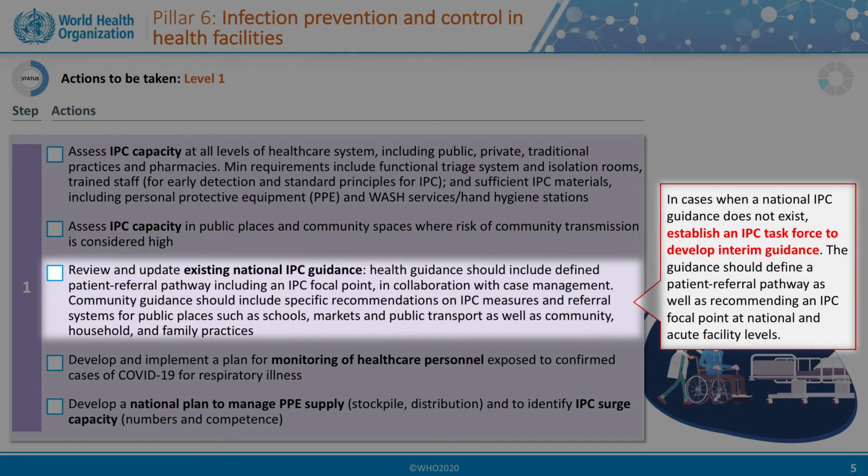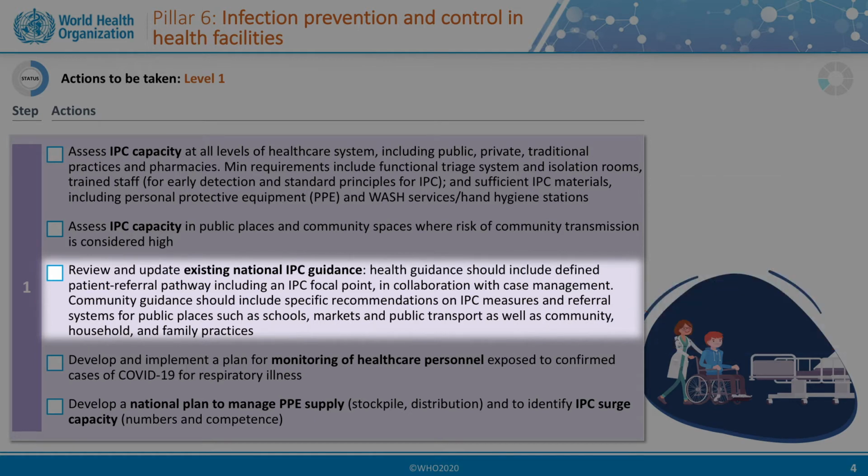If not available, establish an IPC task force to develop interim guidance. This guidance should define a patient referral pathway as well as recommending an IPC focal point at national and acute facility level. Community guidance should include specific recommendations on IPC measures and referral systems for public places such as schools, markets, and public transport.